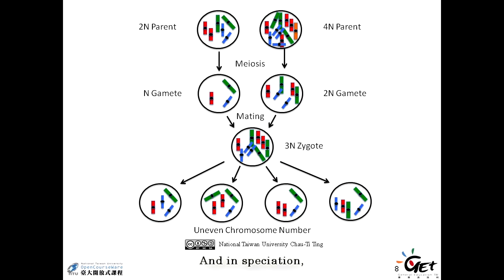And in speciation, this is really important because once a tetraploid is formed, it is immediately different from its ancestral population, ancestral species. Shown on this slide is the karyotype of the two species and also their gametes. You can see that if the two gametes form, one is the haploid genome, the other is the haploid of the tetraploid, so actually it's the diploid genome based on the original species.